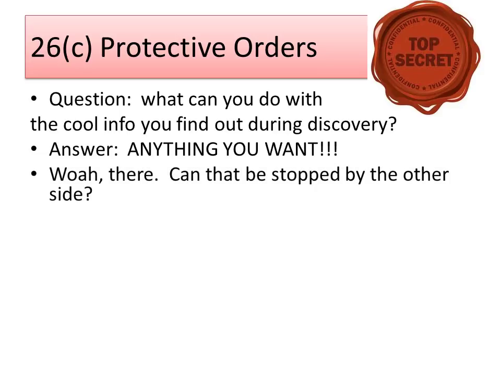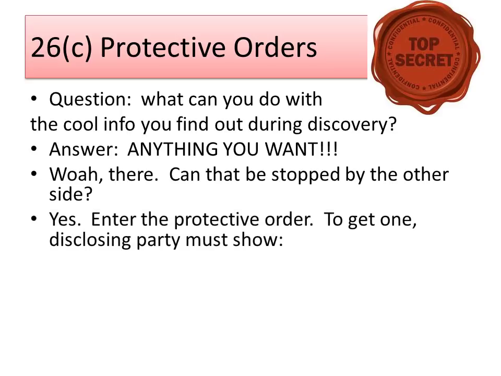Whoa there! Can the other side stop that? Yes. Enter the protective order. So, again, the default rule, the basic situation is you can do anything you want with the information you get during discovery, unless a protective order is in place. So how do you get a protective order under 26C?